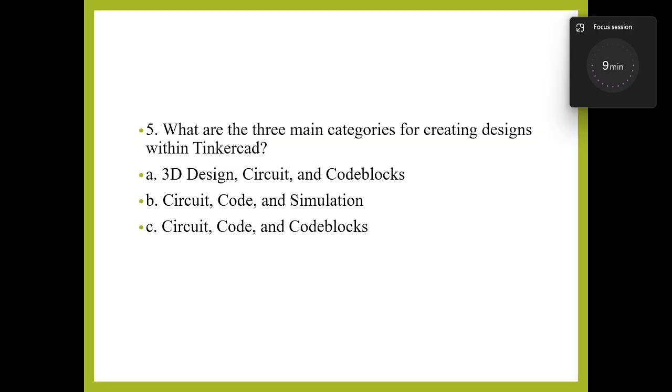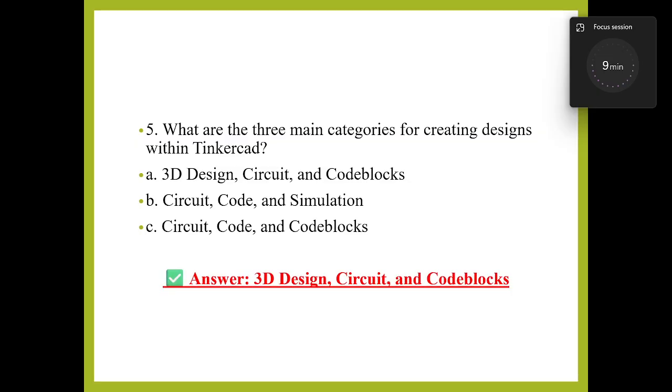Last question, fifth. What are the three main categories for creating design within Tinkercad? 3D design, circuit and code blocks, circuit, code and simulation, circuit, code and code blocks. And we already have seen this in the previous videos. 3D design, circuit and code blocks.